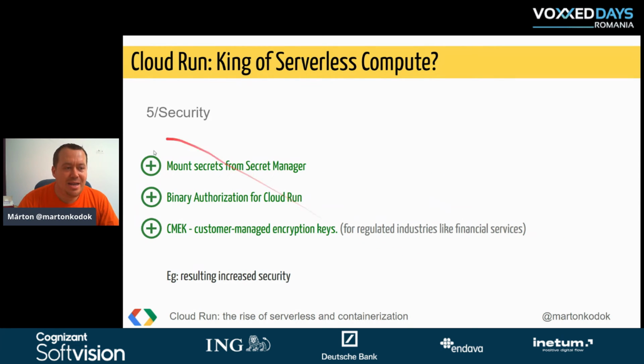Security. I didn't mention any function as a service security pain points because they are good as well. I want to showcase here what additional options we have on the serverless and Cloud Run side. So we are able to mount secrets from Secret Manager. This is an awesome feature, so pay attention, and you should run your secrets using mounts.